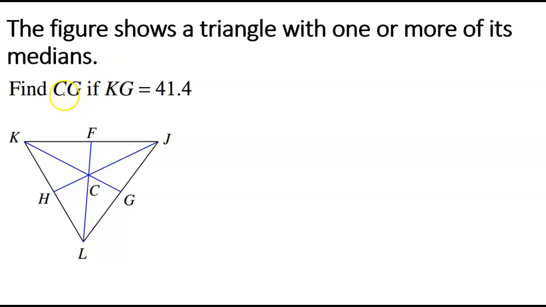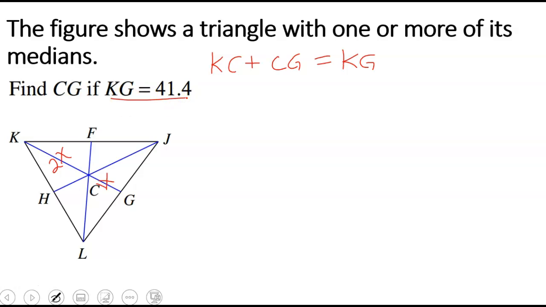Next, we are asked to find CG. CG is here, and KG is the whole length. Again, this is in the ratio of 2x to 1x. So KC plus CG, by the segment addition property, equals KG, the whole length. Since we know KG, it's easy to do it that way.